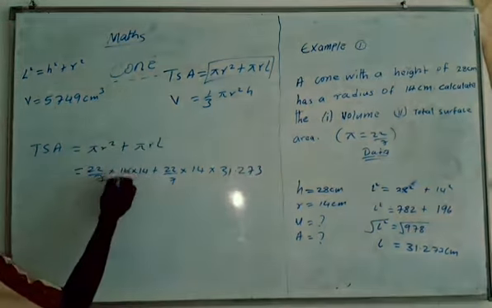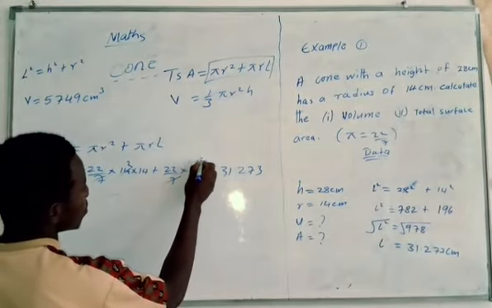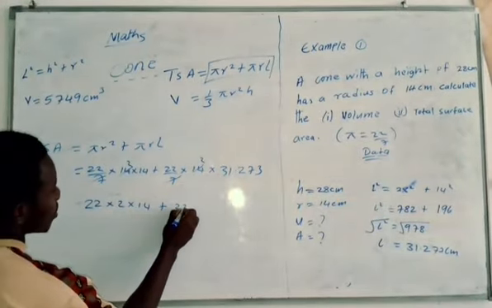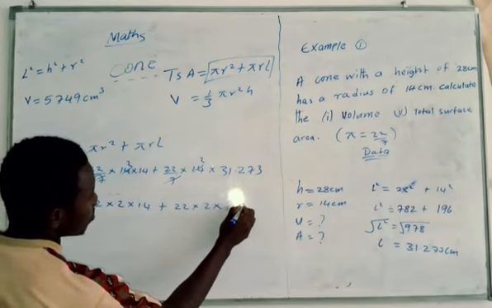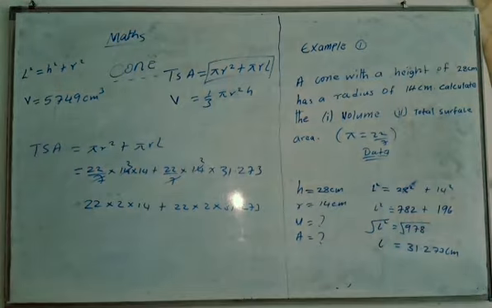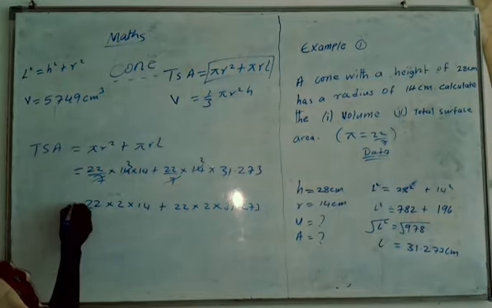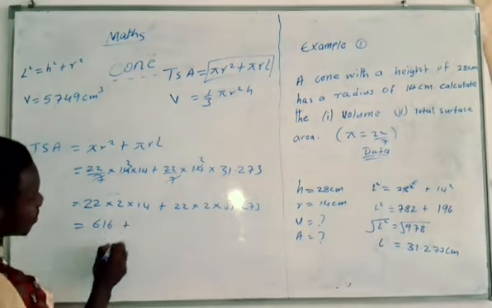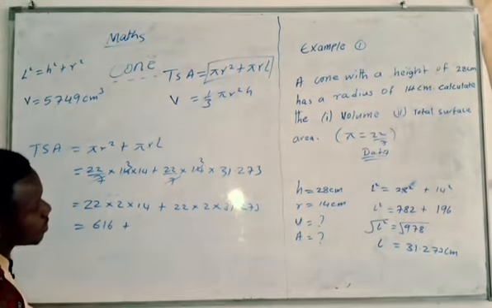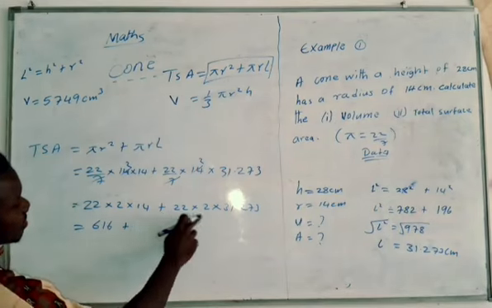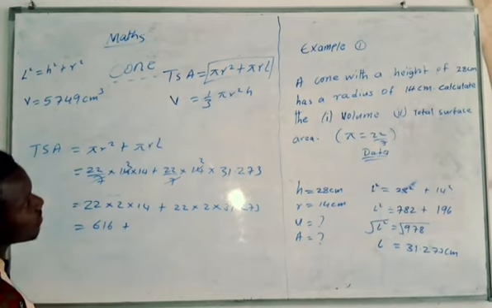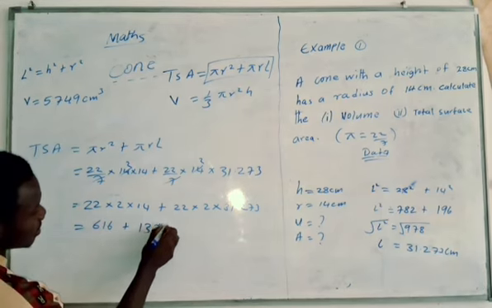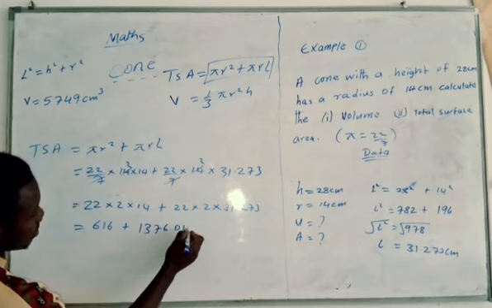So the 7 goes into the 14 two times. So we have 22 times 2 times 14 plus 22 times 2 times 31.273. That gives 616 plus 1376.012.